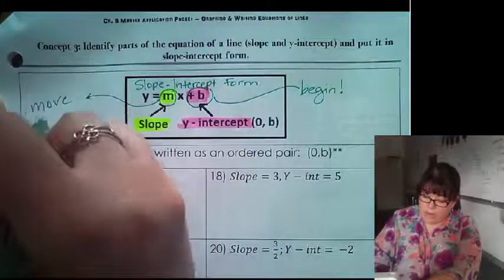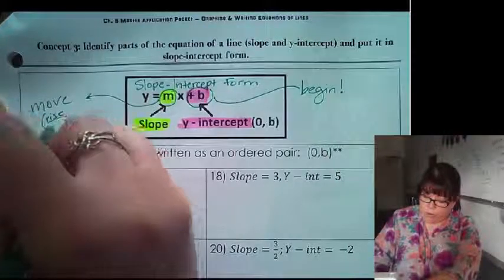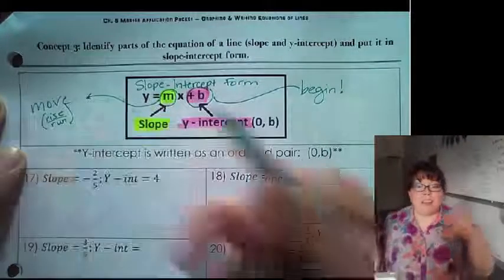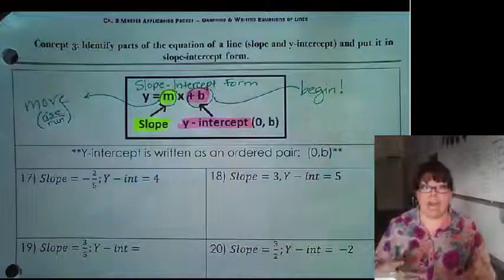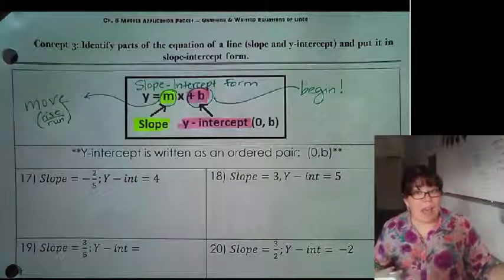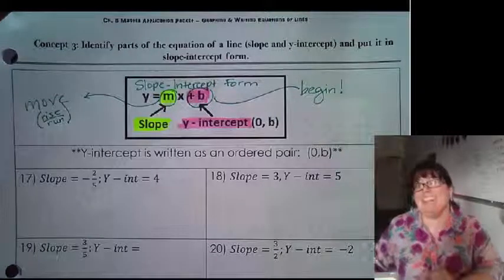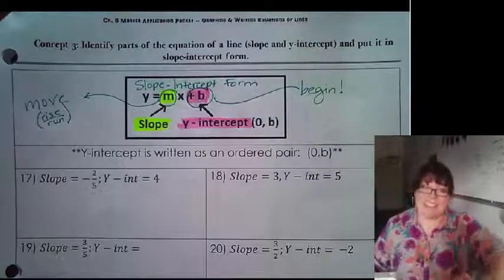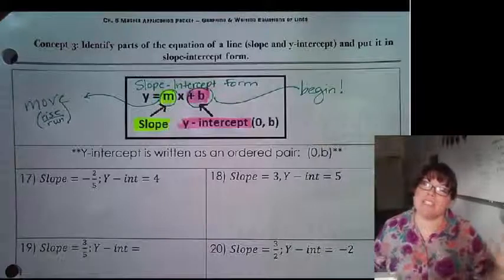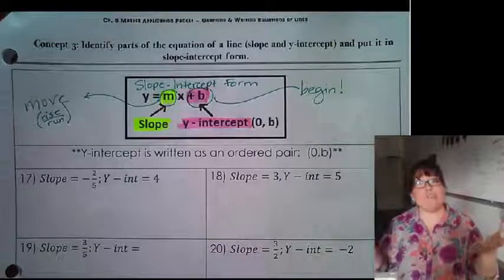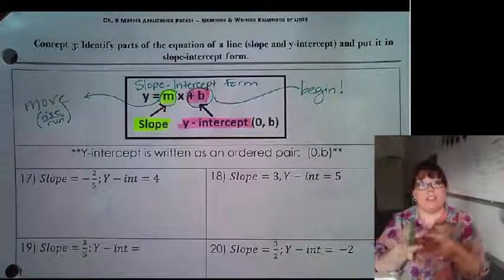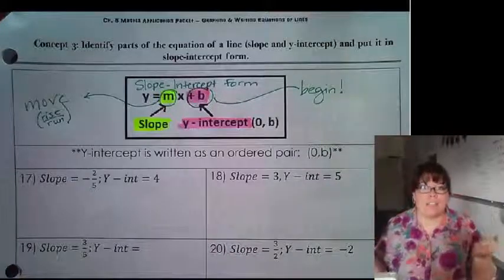Because remember, it's rise over run for slope. So the b value tells you where to start your line, and the slope, the m value, tells you how to move to find the next point. Pretty neat, huh? But don't worry, we'll get to that a little bit later when we start graphing. For today, we're just worried about how these two pieces fit into an equation of a line. So let's take a look.